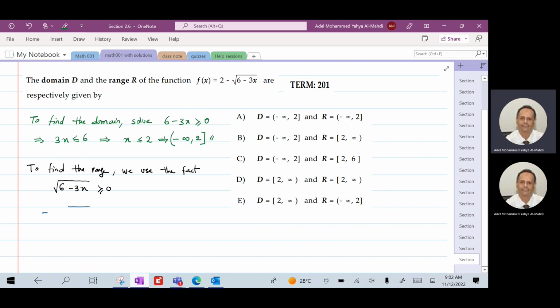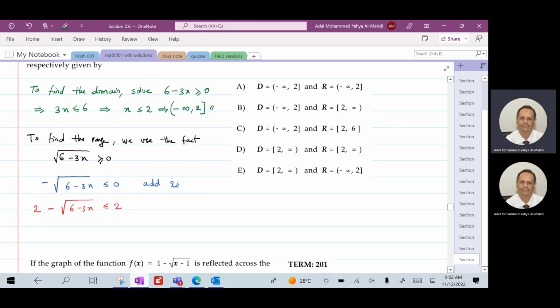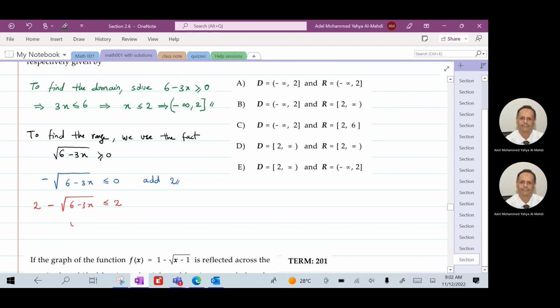Then it will give you minus root less than or equals to 0. Add 2. When you add 2, we obtain our y. So 2 minus the same root is less than or equals to 0 plus 2, which is 2. Now this is our y, y less than or equals to 2.